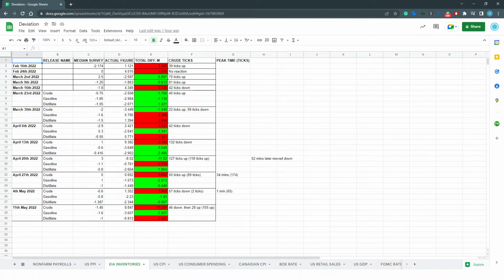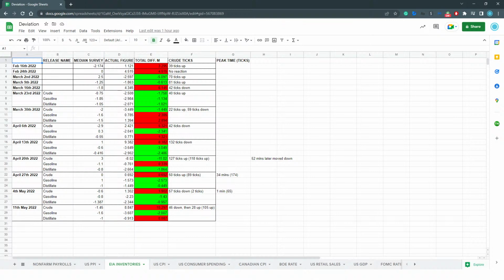So with crude oil inventories data, for ourselves, we'd be looking for around 8 million as a build in figures, and then about minus 3 million as a draw if we do get that figure.